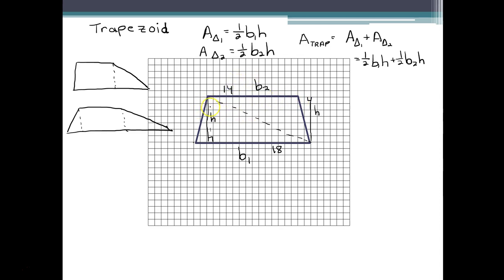And the height, 7 units. Okay, so we could have 1/2 times 18 times 7 plus 1/2 times 14 times 7. 63 plus 49, which is 112 square units.